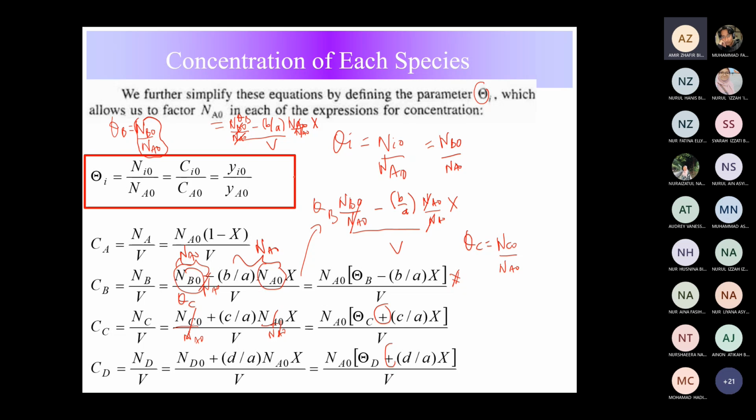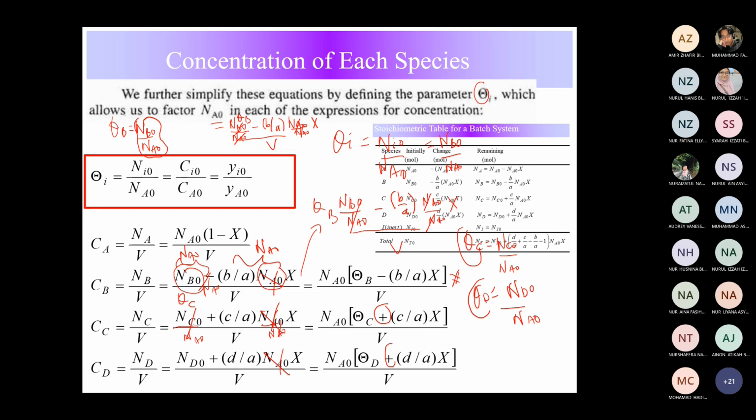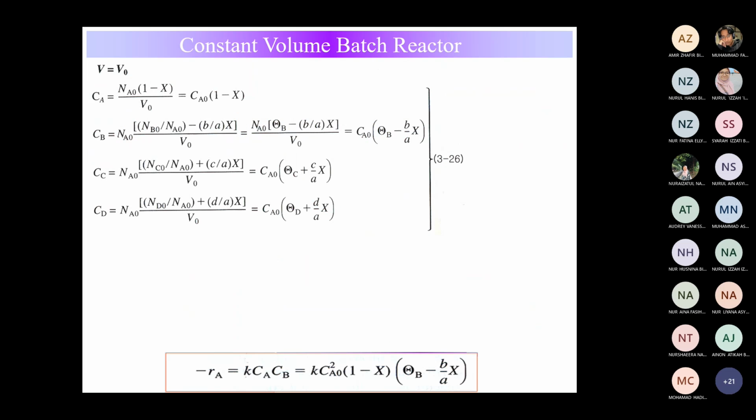Baru akan jadi theta B. Sama dengan theta C dengan theta D, which is the ND naught over the NA naught. So ni automatic akan jadi boleh replace dengan theta. Tapi you kena bahagikan NA naught lah. So that's why kalau you perasan sini, dia dah tak ada NA naught dah. Sini pun tak ada, sebab you dah cancel, you dah bahagikan dah atas ni dengan NA naught. Okay, faham? Faham, doktor. Alhamdulillah.